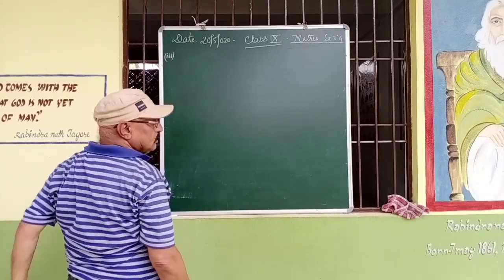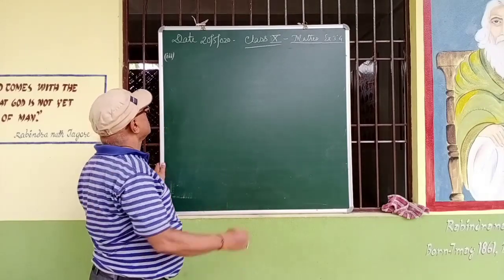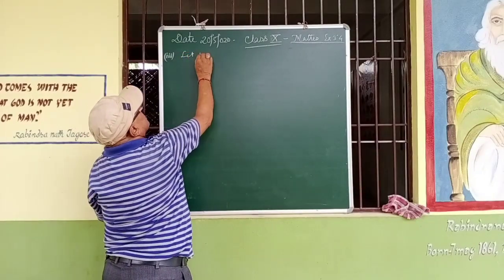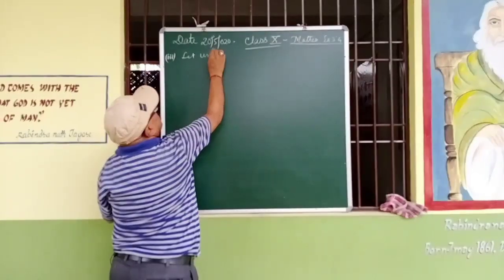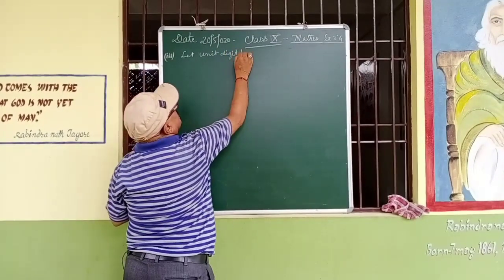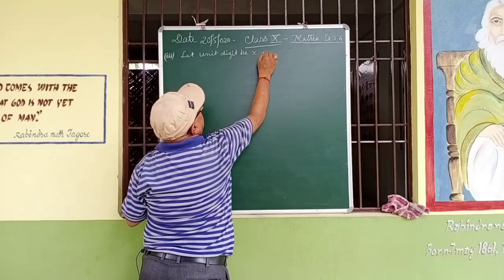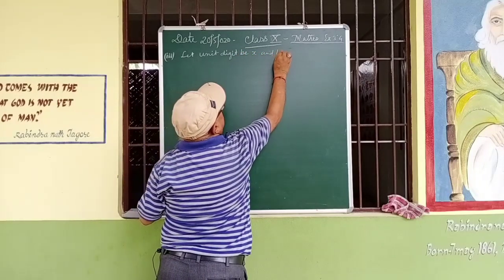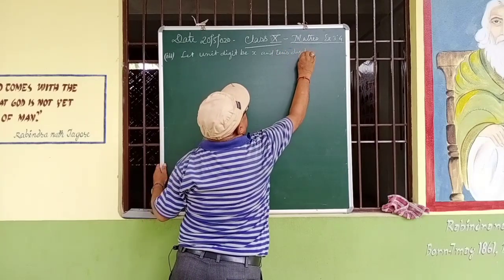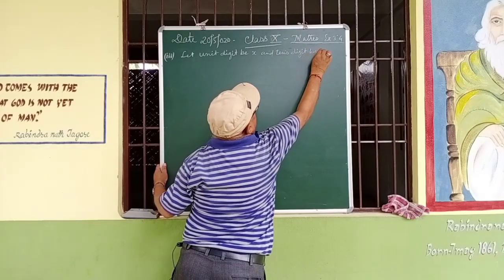Here the number is a 2-digit number. So in such cases, we take first, let the unit digit be x and tens digit be y.